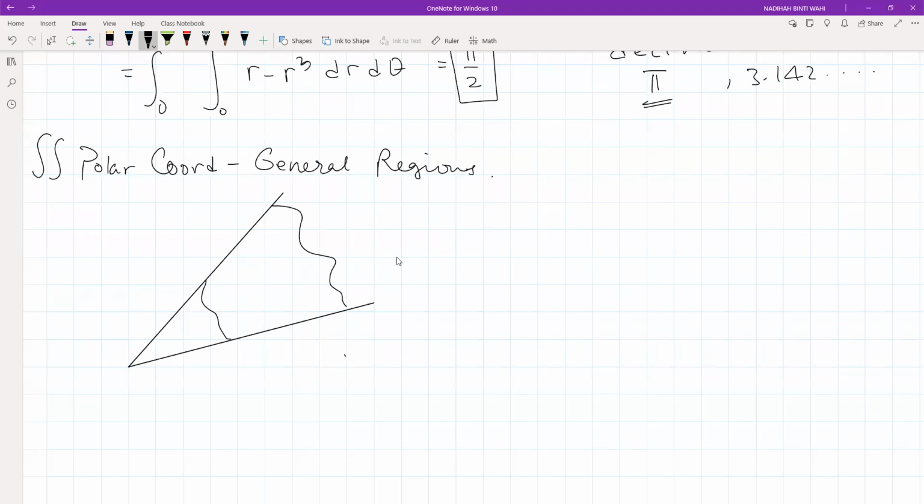So let's say this region, this line is R2, and then this line is R1. Compared to the earlier one, I make a comparison.